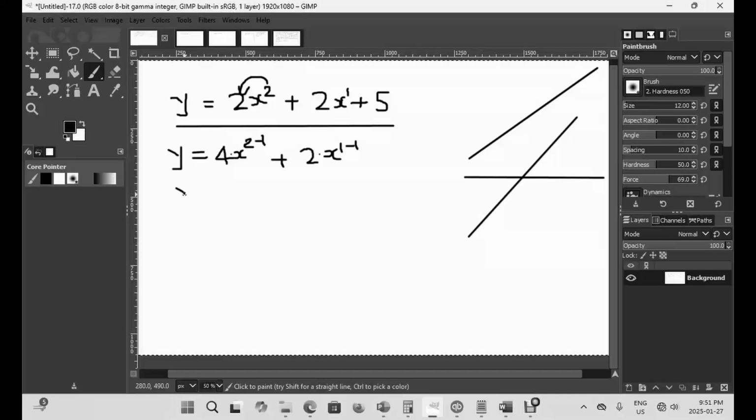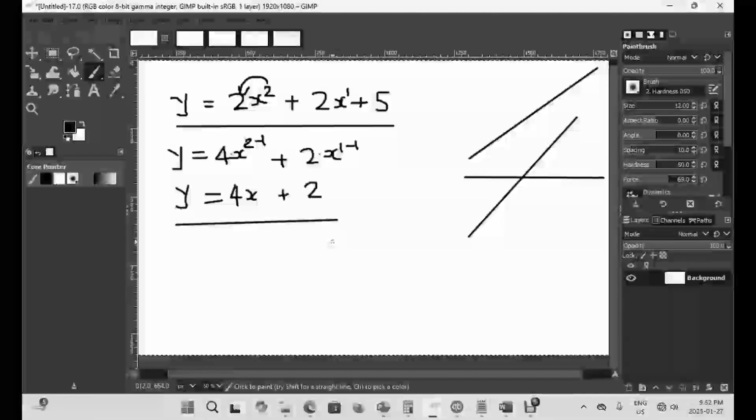So y equals 4x raised to 2 minus 1, which is 4x raised to 1, plus 2x raised to 1 minus 1, which is 0. x raised to 0 is 1, and 1 times 2 is 2. This is how you solve this equation. The solution will be y equals 4x plus 2.